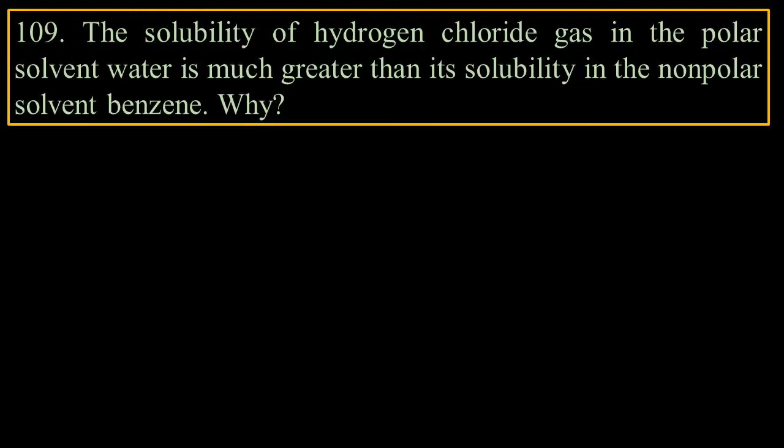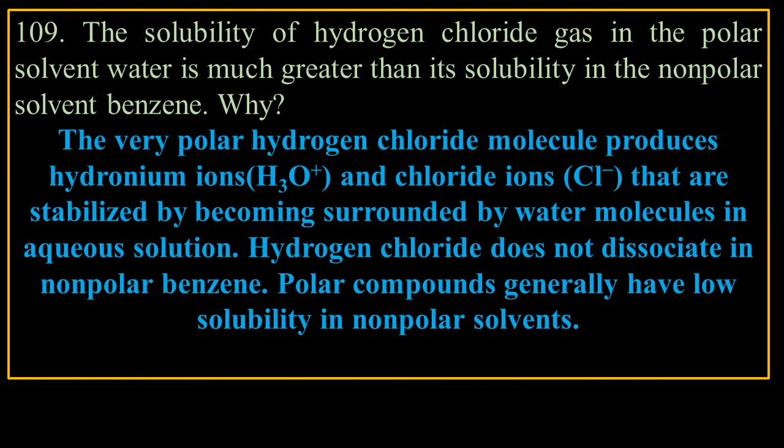The solubility of hydrogen chloride gas in polar solvent water is much greater than its solubility in the nonpolar solvent benzene. Why? The very polar hydrogen chloride molecule produces hydronium ions and chloride ions that are stabilized by becoming surrounded by water molecules, solvation in aqueous solutions.